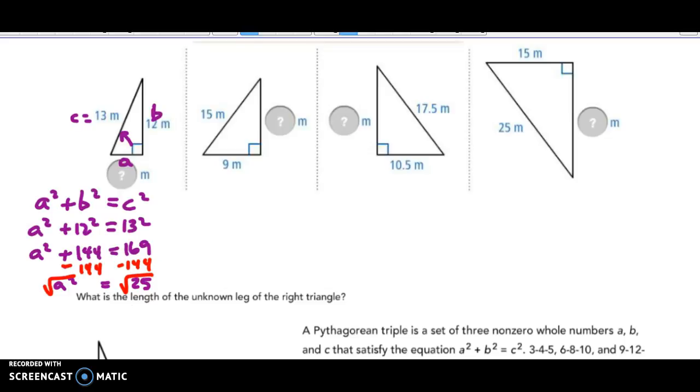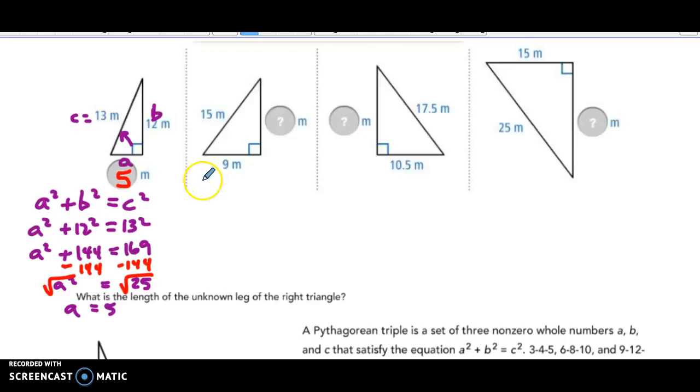Remember that undoes that exponent. And the square root of 25 is 5, so I know that this missing side length must be 5. So 5 meters.